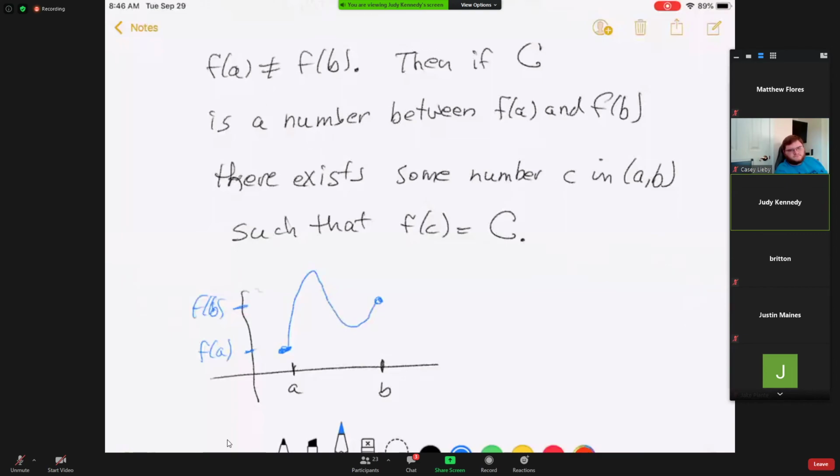But if I take any number, and this is this big C, any number between f of A and f of B, this theorem says that there must be some number little c, it looks like it's pretty close to A in this case, little c between A and B such that f of little c is big C. In other words, I can't go from here to here without somehow passing through every y in between.